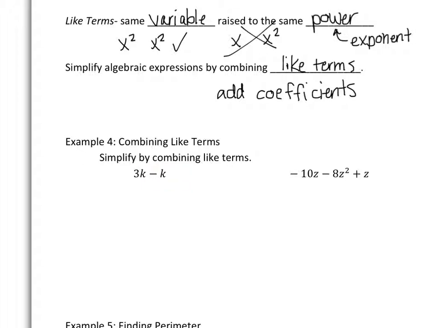What is their power? 1, very good. There's an invisible 1 with both of those. So now we just need to combine their coefficients. The first coefficient is 3. What's the next one? It's a -1, so 3 minus 1 gives us 2k. Could you have done that without me saying 4 sentences about it?